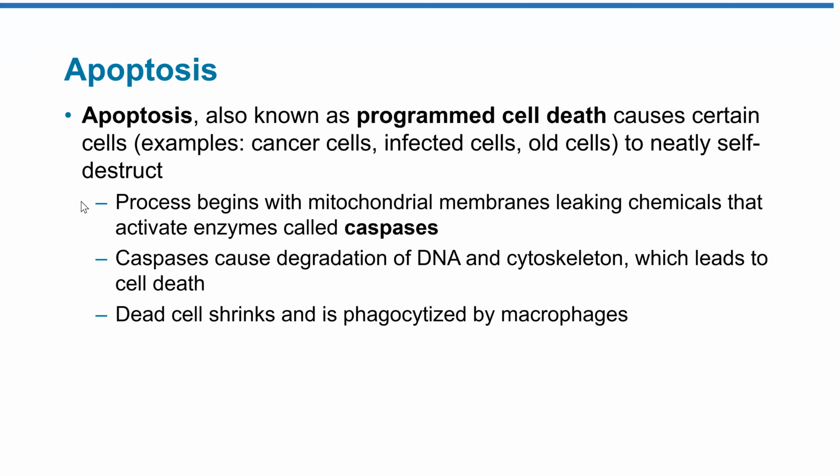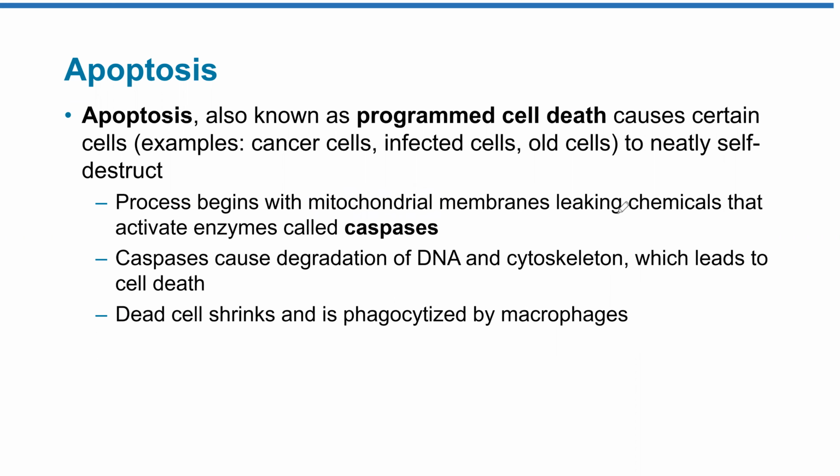So apoptosis does not involve lysosome. Autophagy relies on lysosome, right? Apoptosis begins with, what do you think? With mitochondria, right? So the organelle that is important in apoptosis is mitochondria.